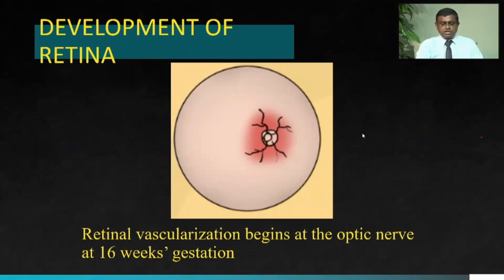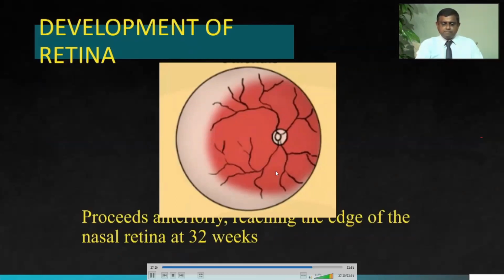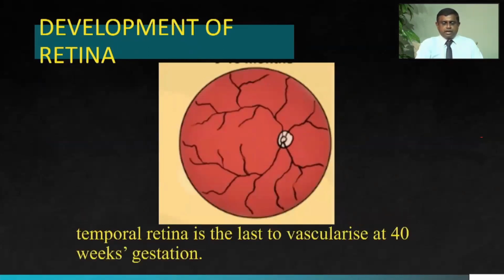The blood vessels start sprouting out through the developing retina, and the blood vessels reach the nasal side of the retina around 32 weeks of gestation. The retina is fully vascularized by 38 to 40 weeks of gestation.